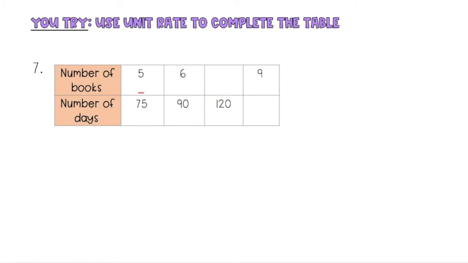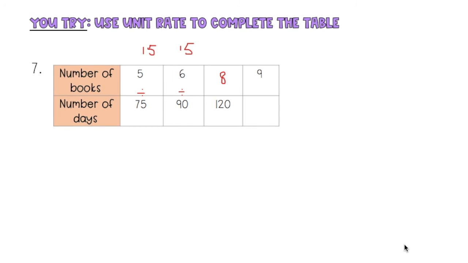So 75 divided by 5 is 15. 90 divided by 6 is 15. So now I need to figure out 120 divided by 15 will give me what number? So here my answer is 8. 120 divided by 8 will give you 15.